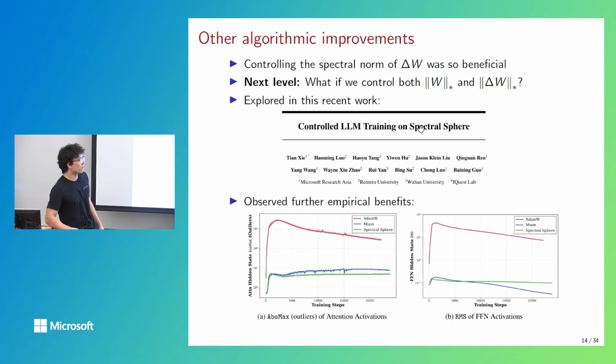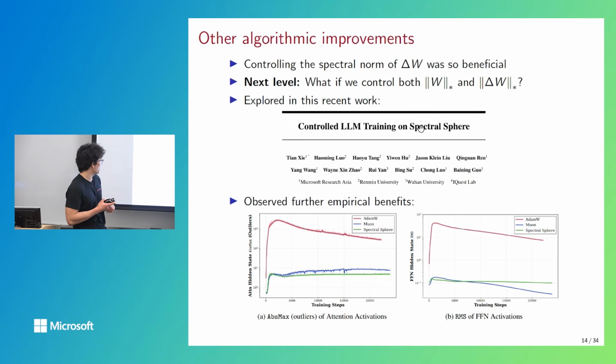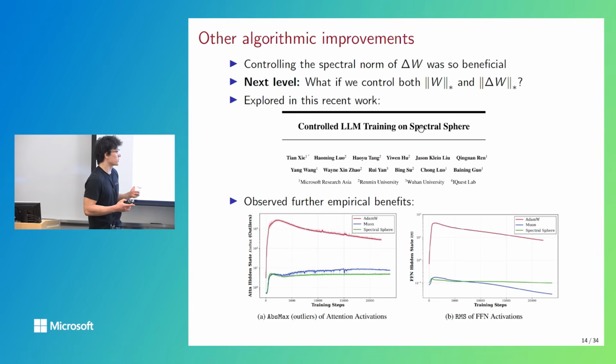And they observed quite striking results in their paper. For more results, check out their paper. What I'm showing you here is the activation dynamics across training. On the left-hand side, we're showing the activation maximum outlier, and on the right-hand side, we're showing the RMS, root mean square.